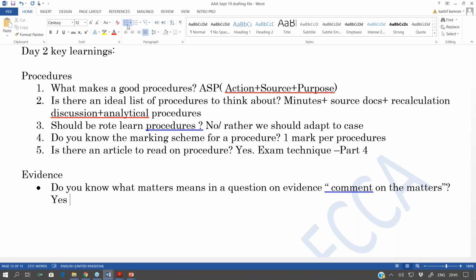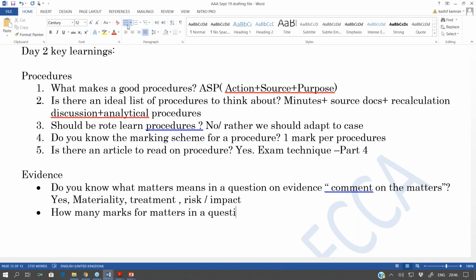Yes, and comment on the matters means materiality, treatment, risk, and impact. And how many marks will I get for that? 4.5 marks.